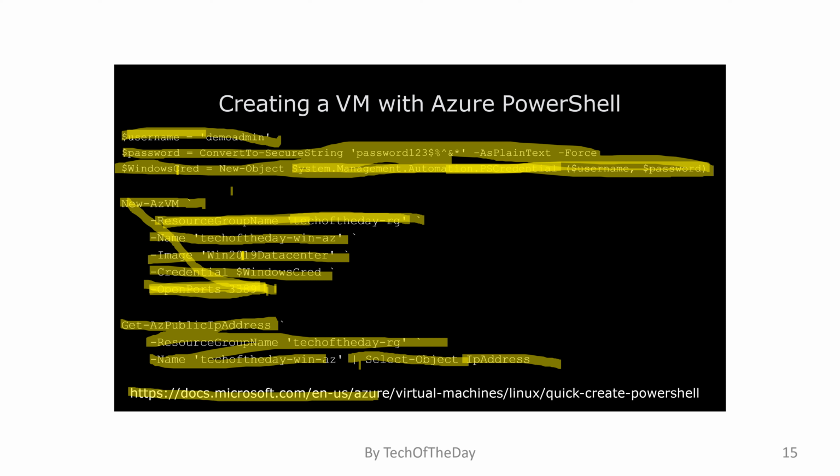If you want to learn more, you can go to Azure Virtual Machines Linux create quick PowerShell. You can go to this URL, pause the video, and just search for quick create PowerShell, quickly create for virtual machines, and then it will take you to this, or you can manually type it in.